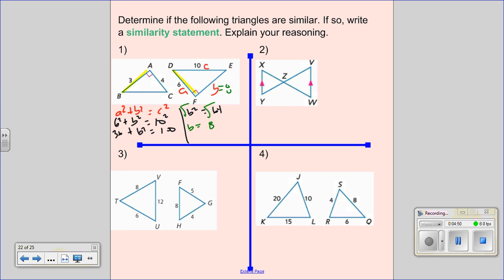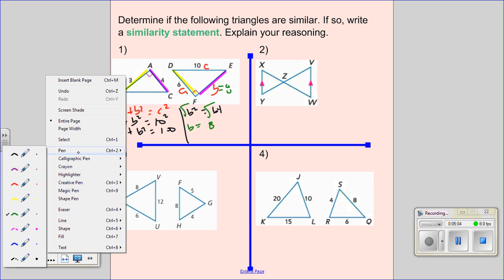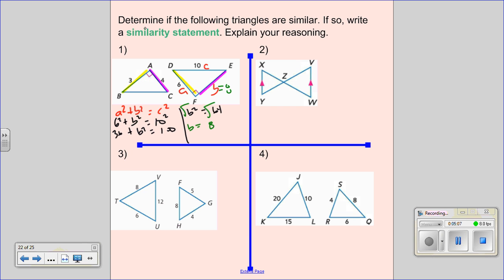And then AC would correspond with EF because they're the second largest side on these triangles. So now I would set up the ratios. So AB is to FD. That means 3 is to 6, and that reduces to 1/2.